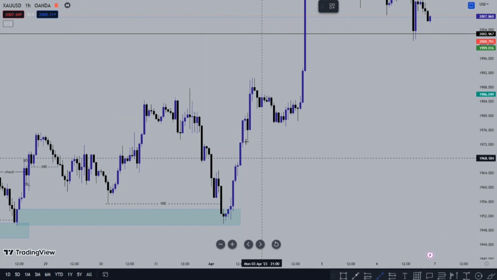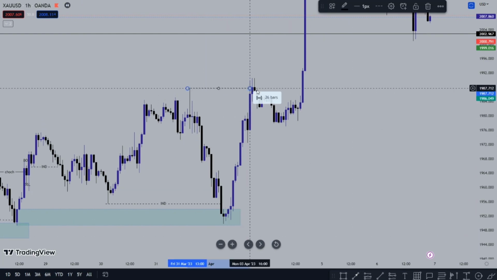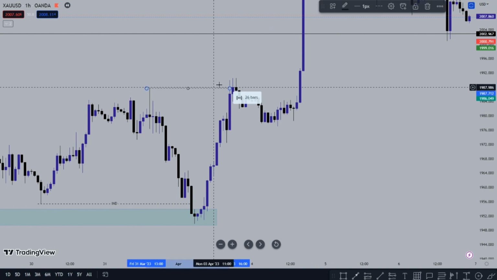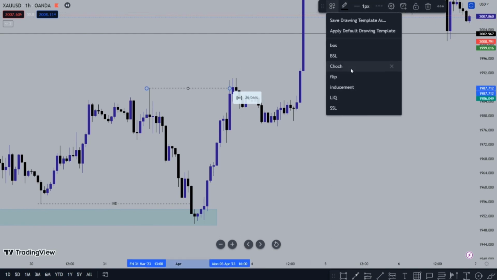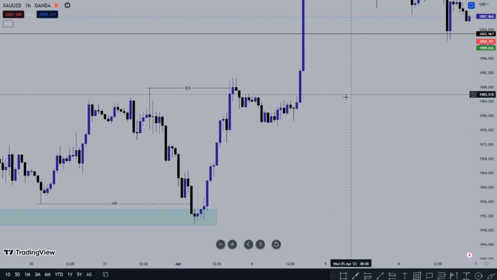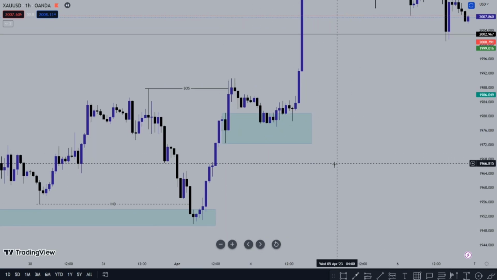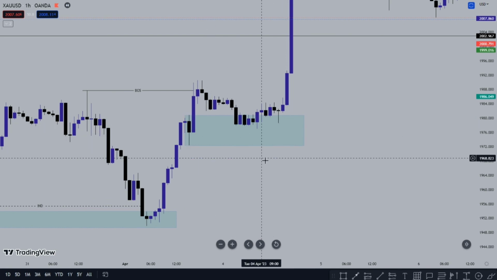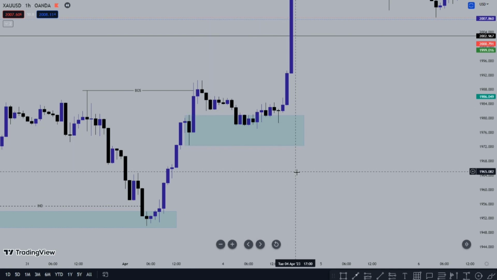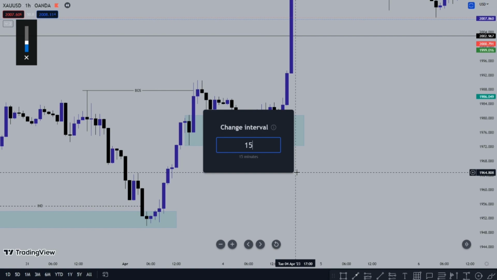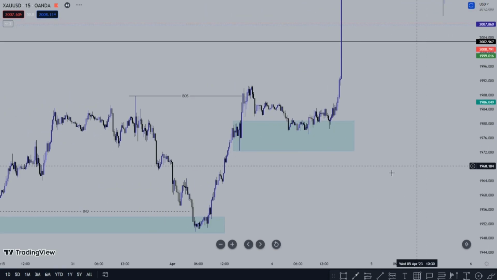After price breaks structure here, where was the last selling? It was this area here. So this whole area I will look for lower time frame entries.